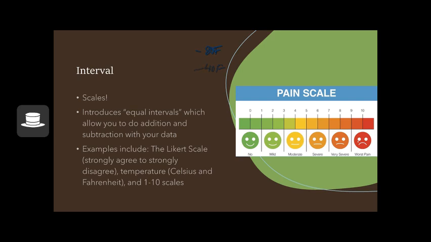So 40 degrees Fahrenheit is pretty chilly, right? So is 80 degrees twice as chilly as 40 degrees? Or is 40 degrees half as hot as 80 degrees, right? That doesn't make sense.